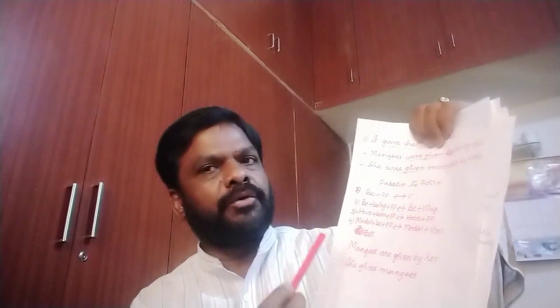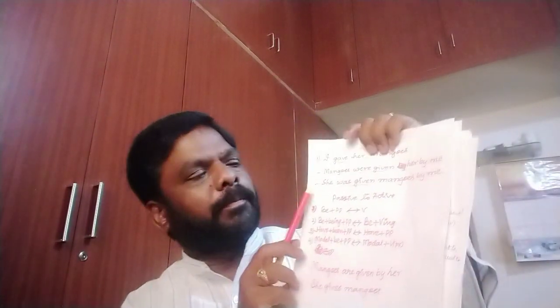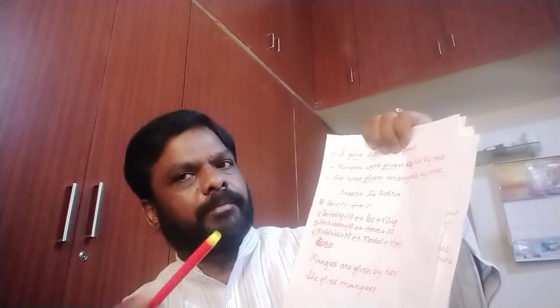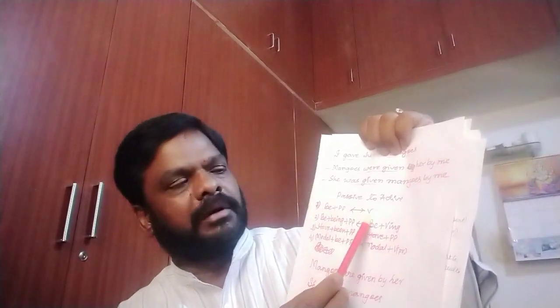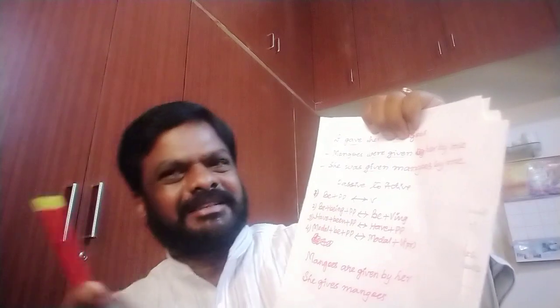Like this you have to change the persons in the same way. For the verb you have to change from passive to active. Be form plus past participle becomes the verb. That means what I have explained till now will be reversed, especially in the verb forms. So if you change like this, definitely it will be very easy to face the examination.